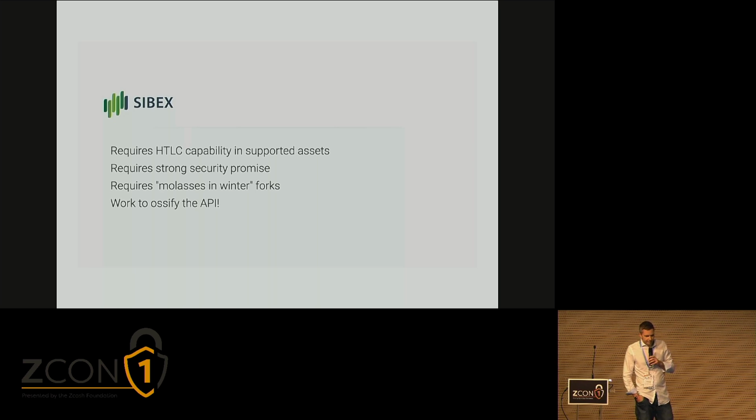Really, from a business perspective, you want to build on things that don't change very often. So these last two points are related. I really like technologies like Bitcoin where if it does hard fork, it's like molasses in wintertime. It moves really, really slowly. There's a lot of advance warning, and we can anticipate what's about to happen. The same is true with this very last comment here, ossify the API.